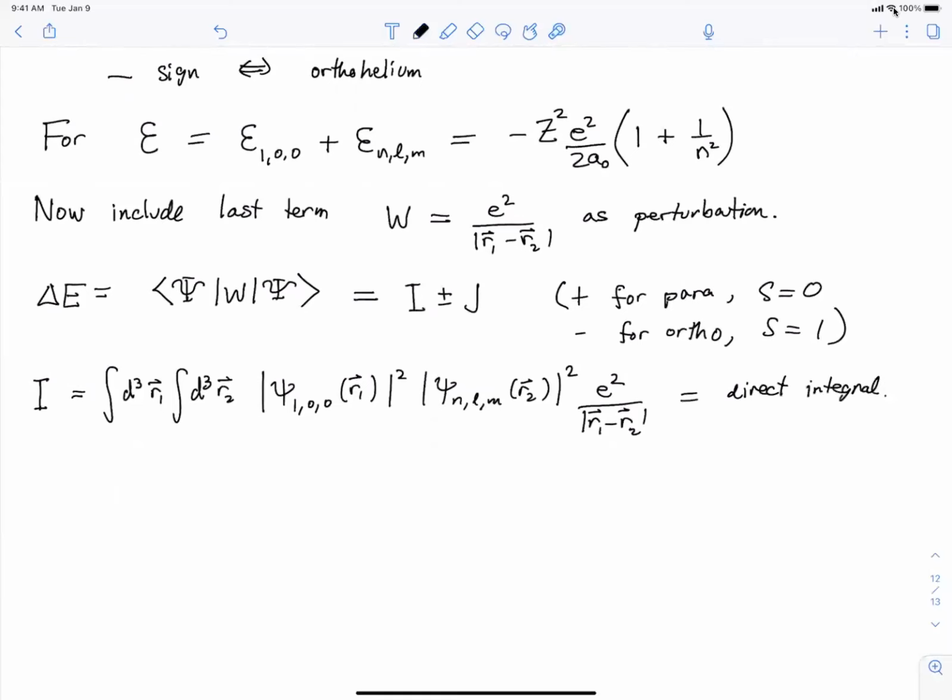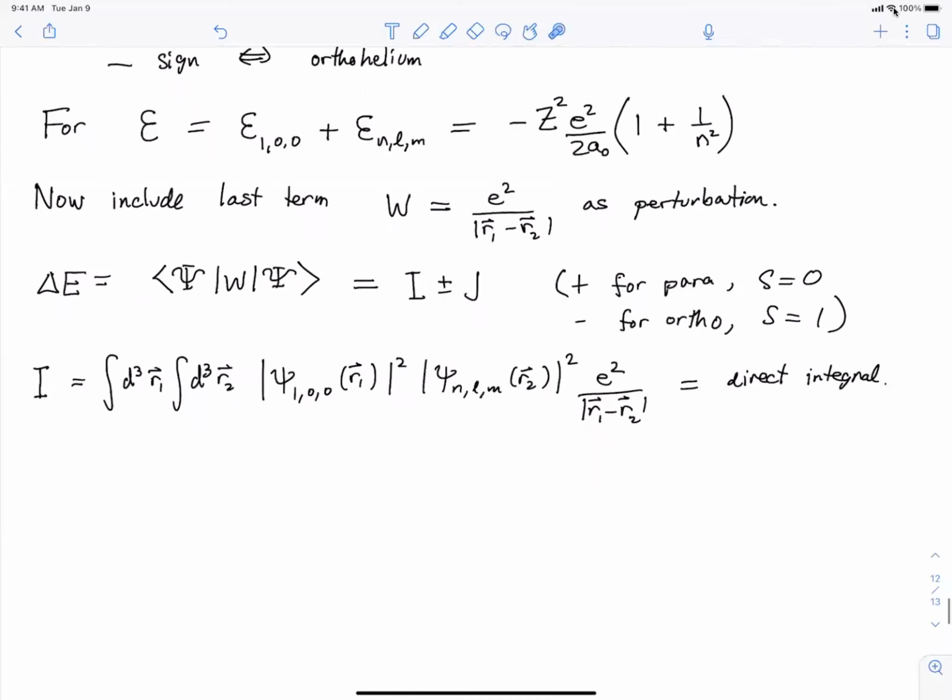So it turns out there's another contribution that you get by writing R2 here and R1 here, but really they're the same thing, because then I just relabel my integration variables, and this thing doesn't care whether I write R1 minus R2 or R2 minus R1. So it actually contributes the same amount.